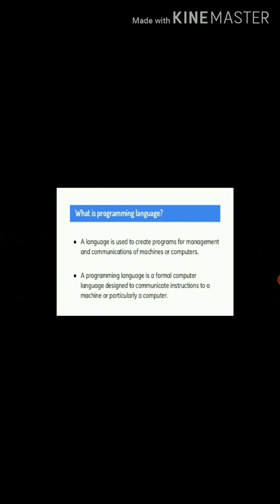Or you can say computer languages are the interface between a computer and its user. It means the user wants to tell all the instructions to the computer and the computer gives the result to the user. So it just works as an interface between user and computer.